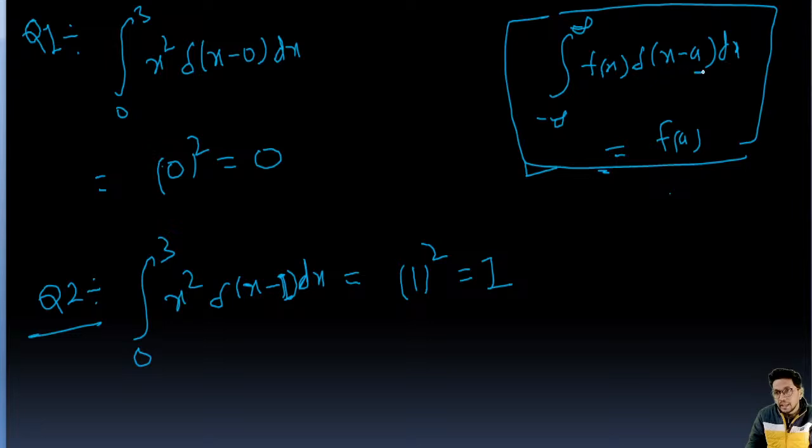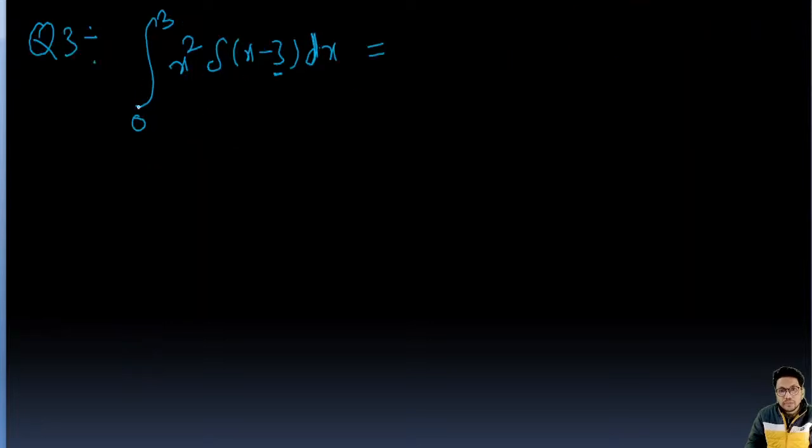A is 3 here, which comes between this 0 to 3, right? In this range. So it means this is going to be f(a). f(a) is x square, means 3 square. Okay, this value is 9.